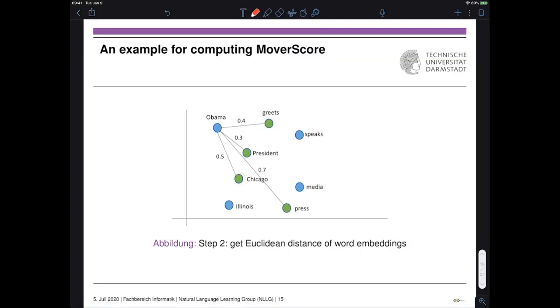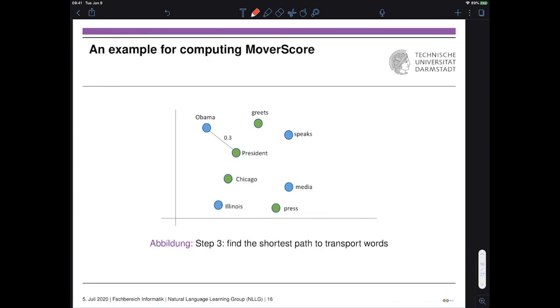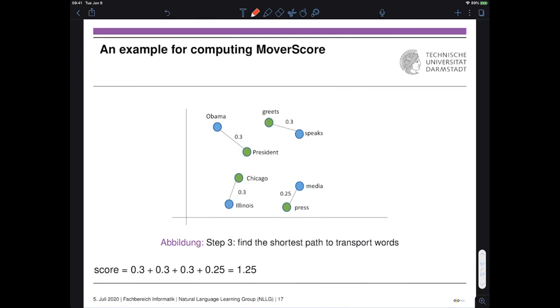Then we repeat these operations many times until we find the one-to-one word alignments between the system translation and human reference. Then we sum them up as the semantic distance between two texts, where a lower score means the two texts are more similar.